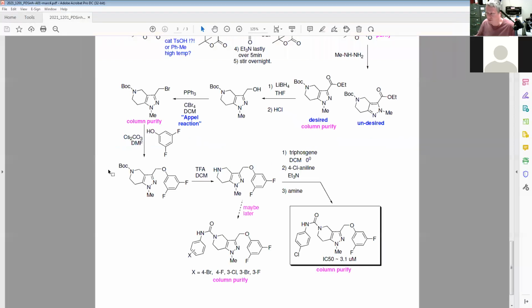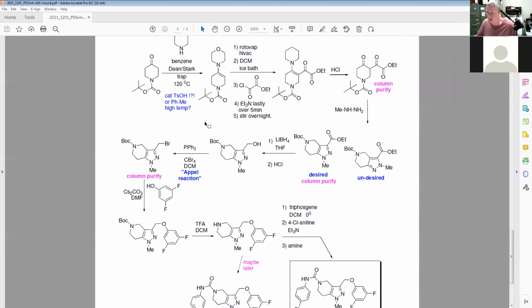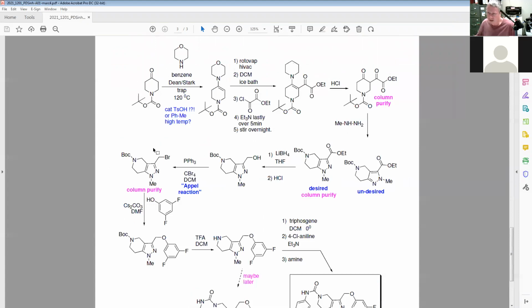I'll just step through a couple of the parts because you're going to learn all this stuff in Organic 2. This first thing might be a little beyond your level, but these things react to make this thing called an enamine. It's got like an alkene and an amine.